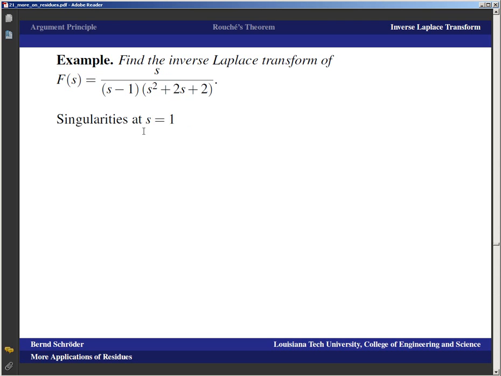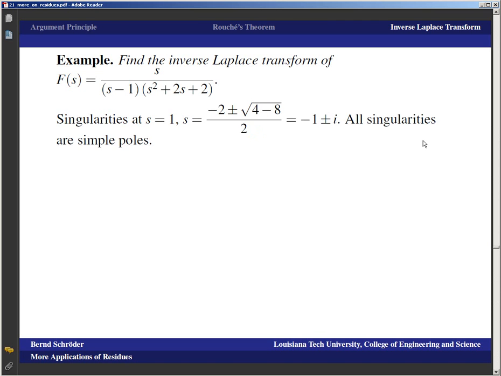All right, so the singularities are at s equals 1 and at, well, negative 2 plus minus the square root of b squared, 2 squared, 4 minus 4ac, 8 divided by 2, which is, of course, negative 1 plus minus the square root of negative 4, which is 2i, and then 2i divided by 2 is i, so negative 1 plus minus i.